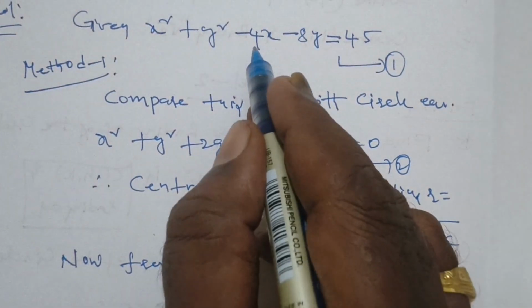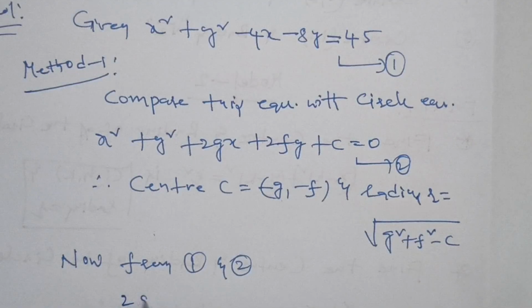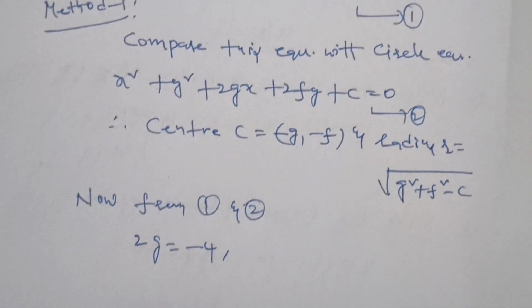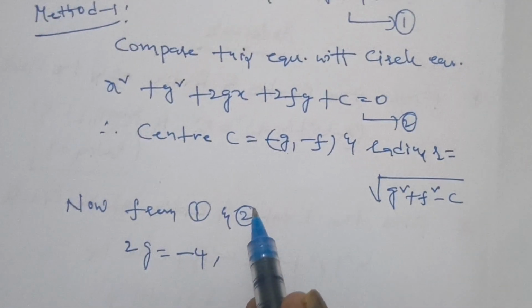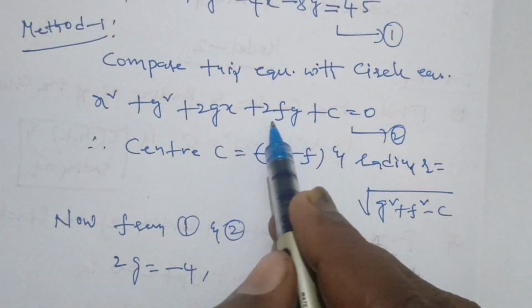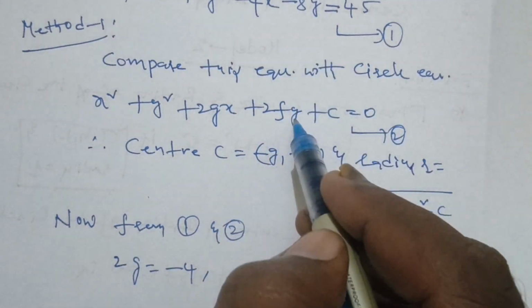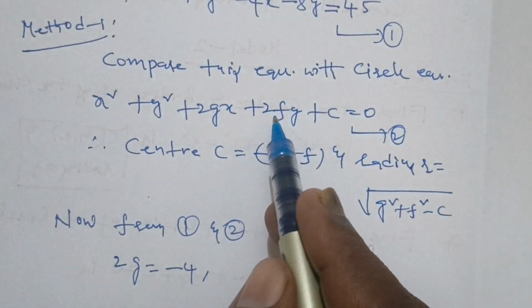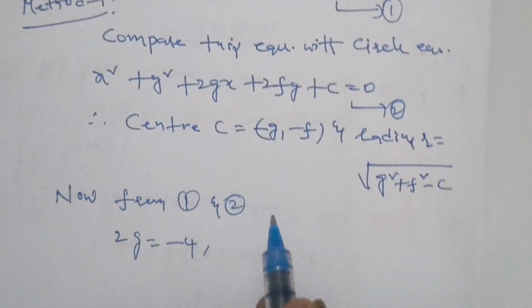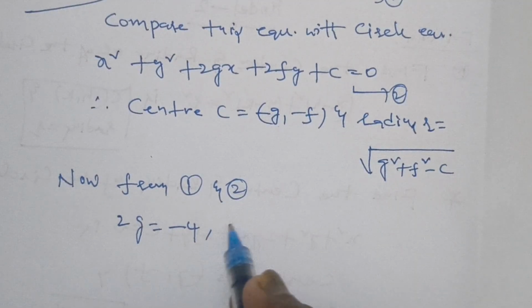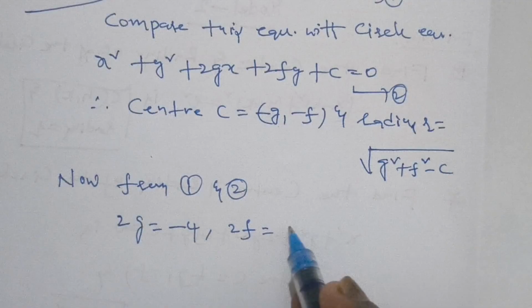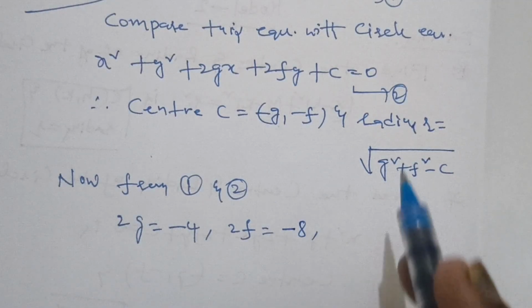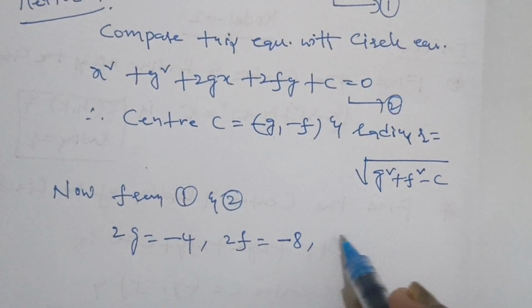Comparing equation 1 and 2, we have the coefficient of x as 2g, and in our equation 1, the coefficient of x is minus 4. So 2g equals minus 4. In equation 2, we have the y coefficient as 2f; in our equation, the y coefficient is minus 8.